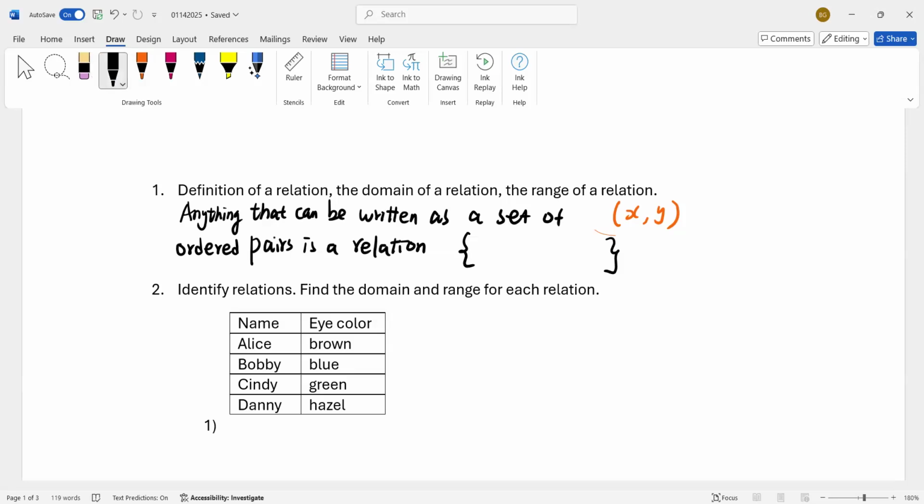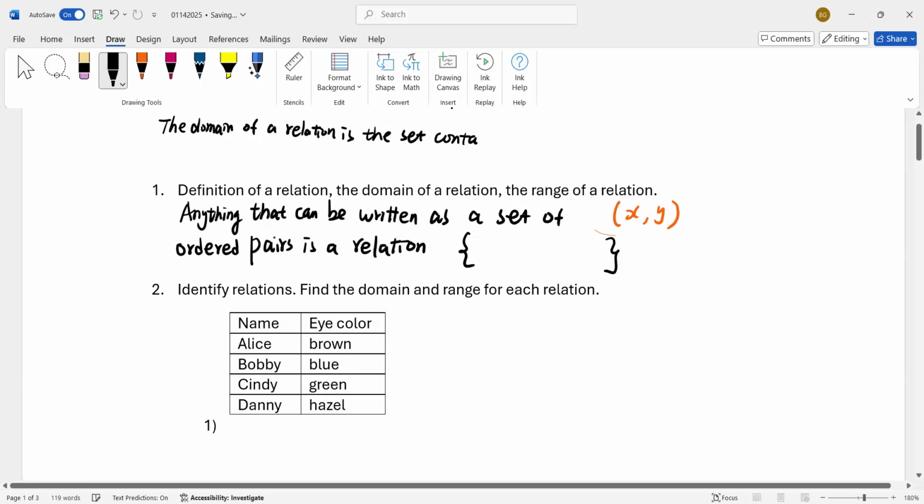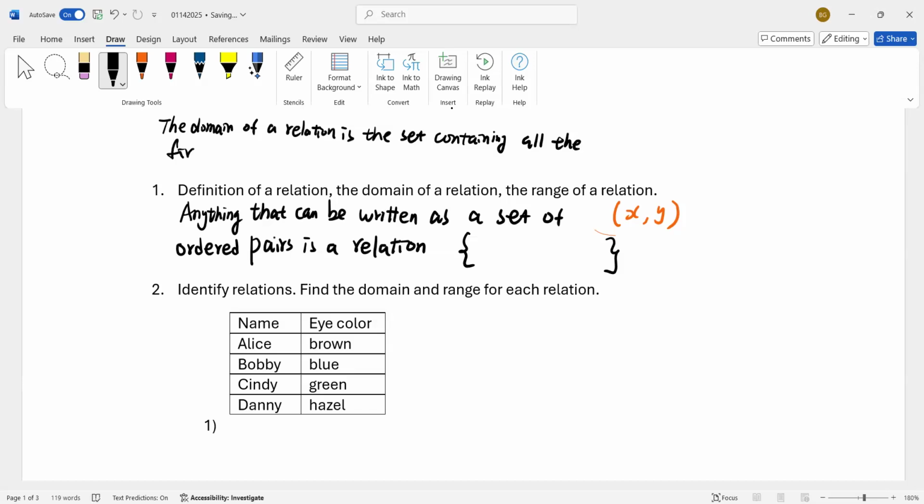And what is the domain of a relation? The domain of the relation is the set containing all the first components of the ordered pairs in a relation.